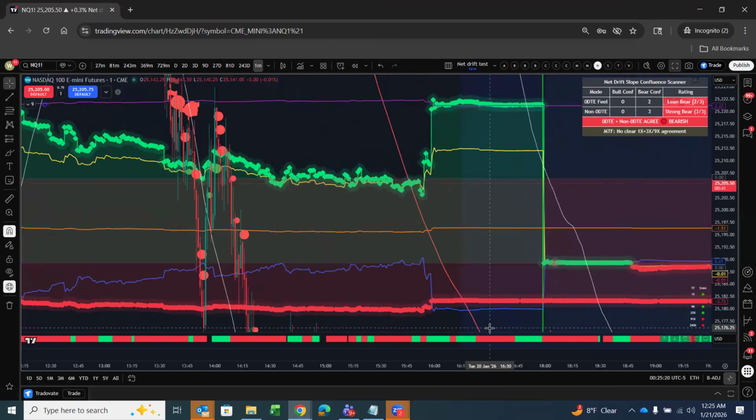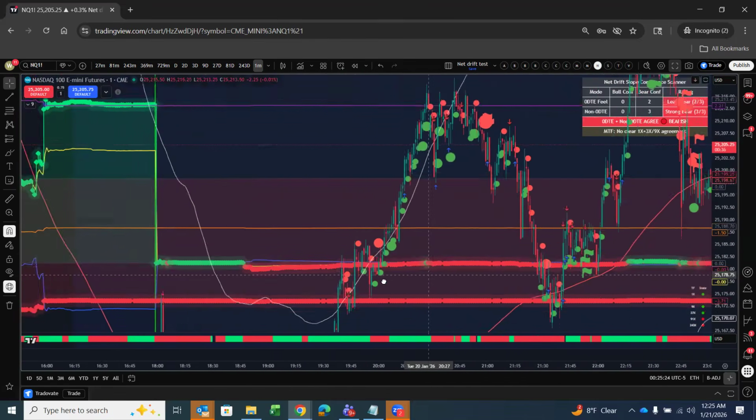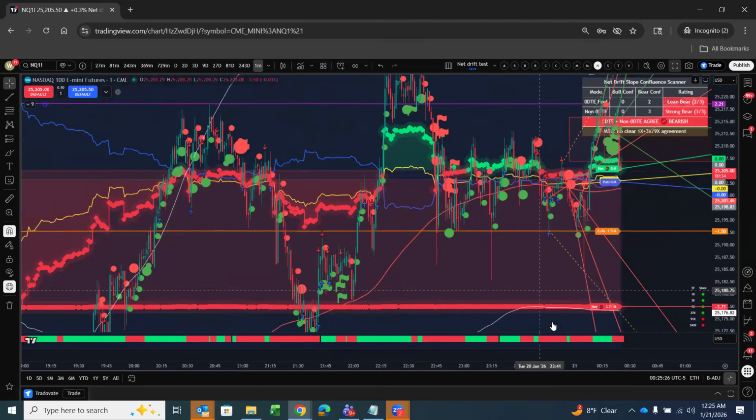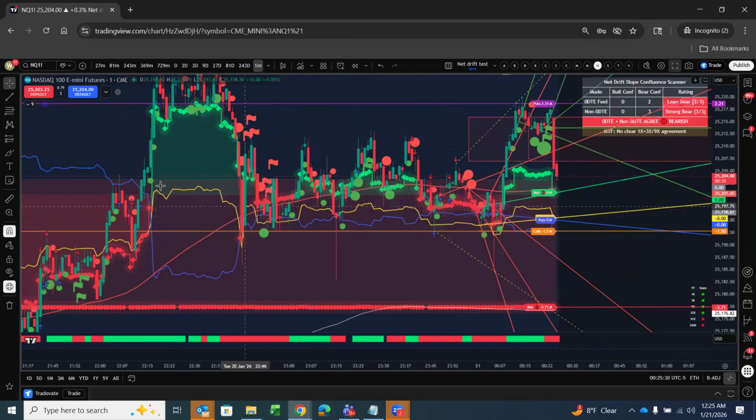If you really are looking at the higher time frames, you're going to do very well. It's going to show you a lot of information if you zoom out. It'll show you where all the buyers are at with the yellow, where all the sellers are at on a micro basis with the blue, where the macro sellers are at with purple, and where the macro buyers are at with the orange lines.